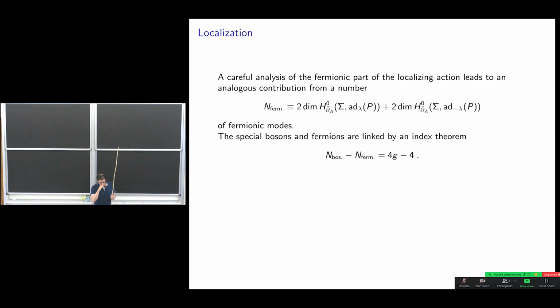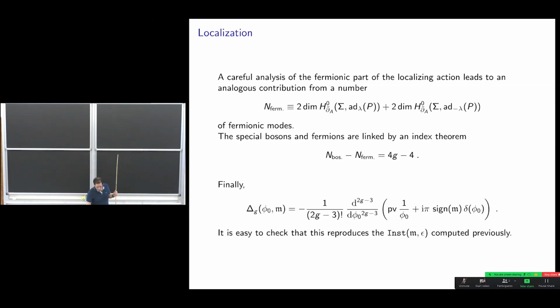And what's nice, and what allows you to perform the computation for a generic genus g, is that there's an index theorem, which is basically applying the Riemann-Roch theorem, that tells you what the difference between this number of bosonic modes and fermionic modes is. That is simply a multiple of the Euler characteristic.